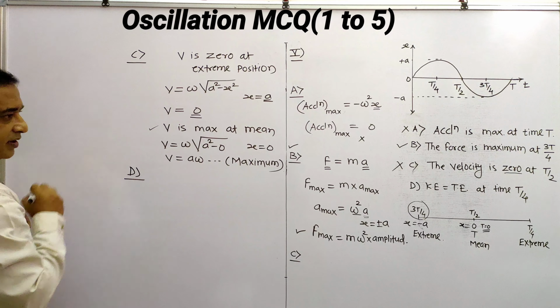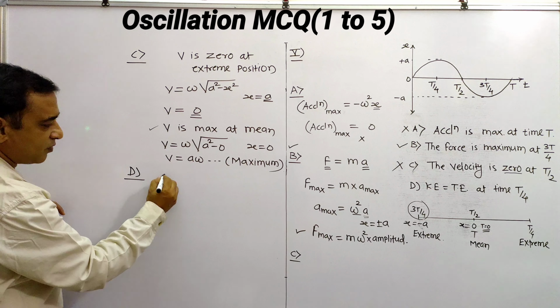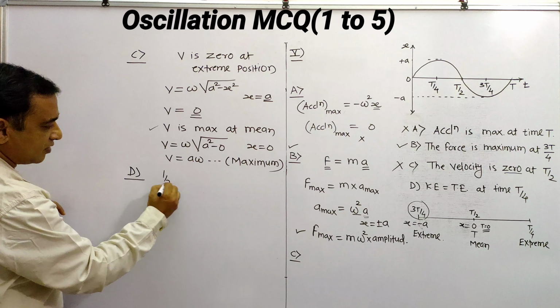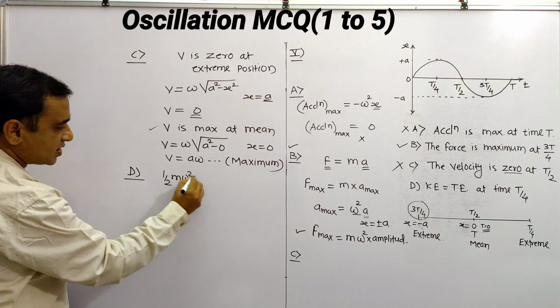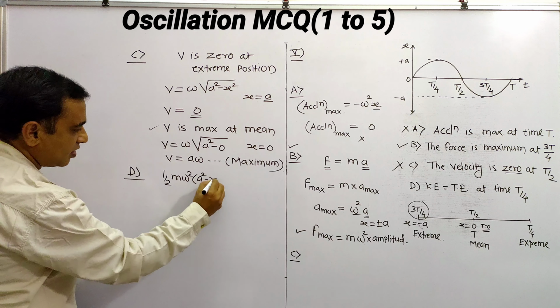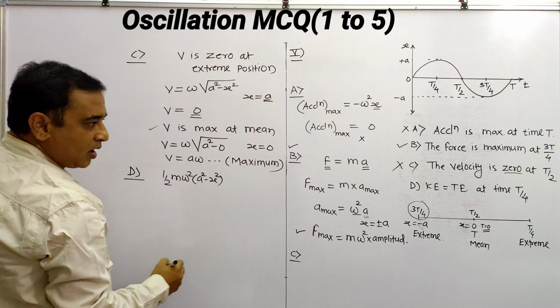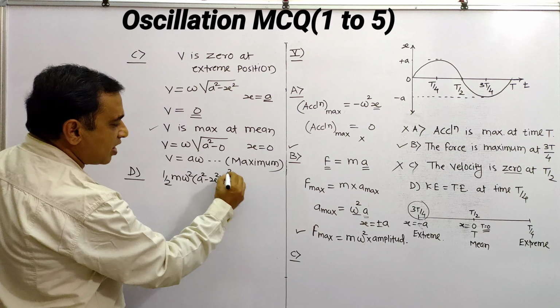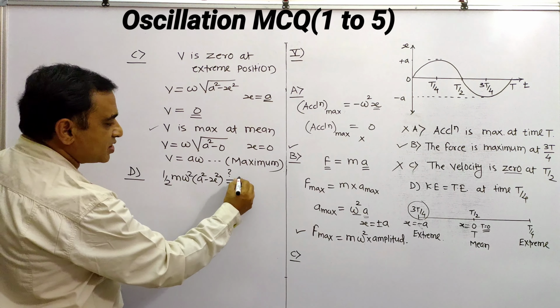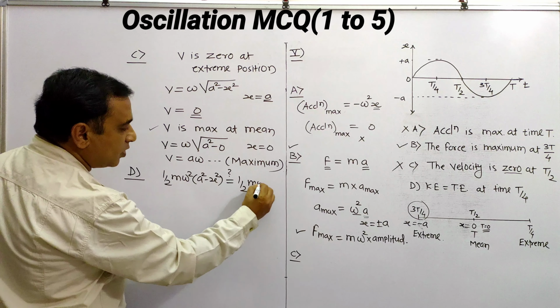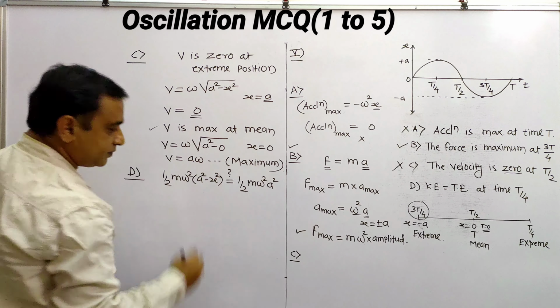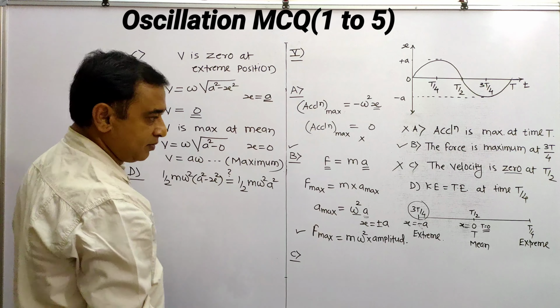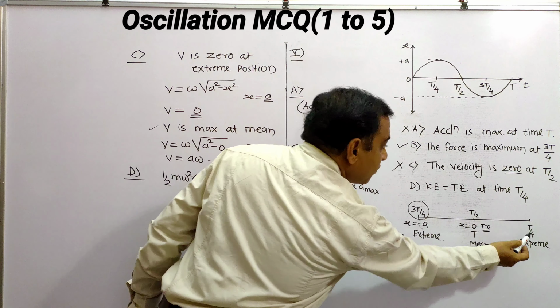So what about the D? Let us check out the D. Here we know the kinetic energy formula: kinetic energy is equal to half of m omega square into bracket A square minus X square, and we need to decide whether it is equal to the total energy, which is given by half of m omega square A square, at T by 4.